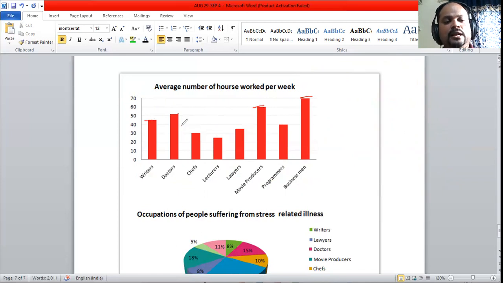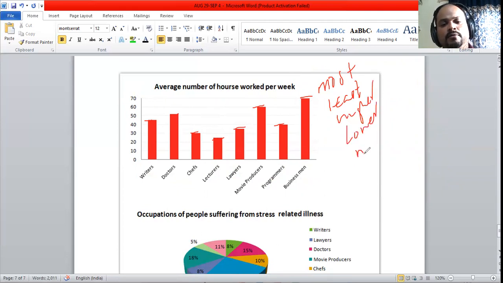Most, least, I can use. The comparative words we can use here are most, least, higher, lower, more, less, fewer. All this vocabulary I can use here.